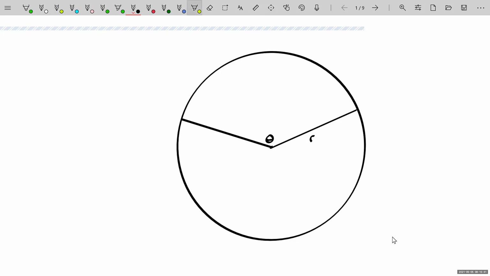If you want to know what this area here is, you just think to yourself, well, I have a circle and I know the area of a circle, but I don't have the entire circle. I only have a portion of the circle.